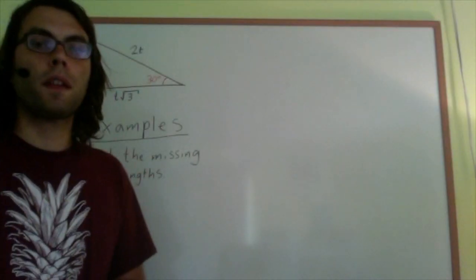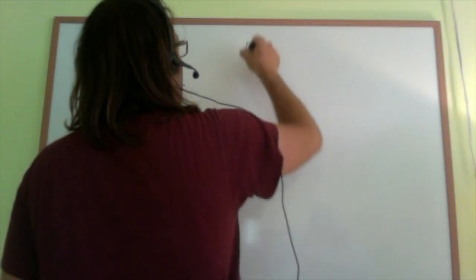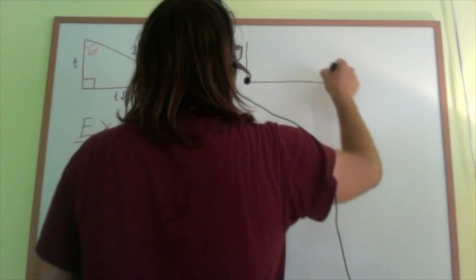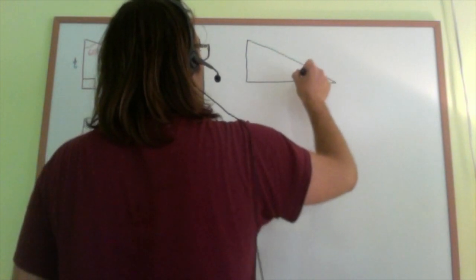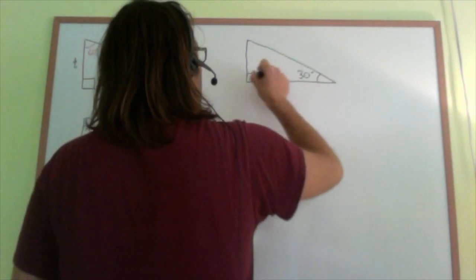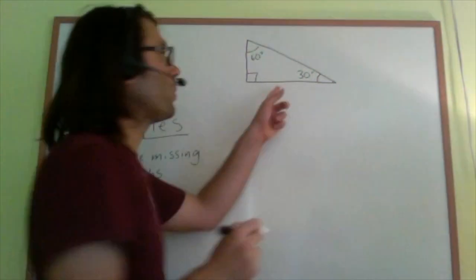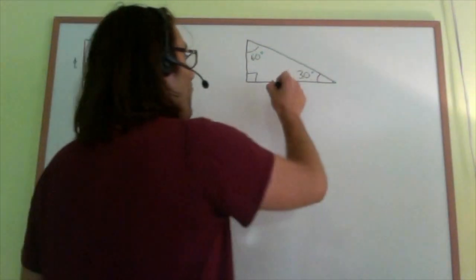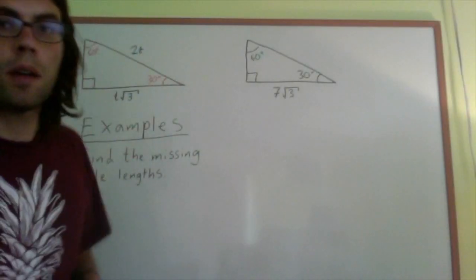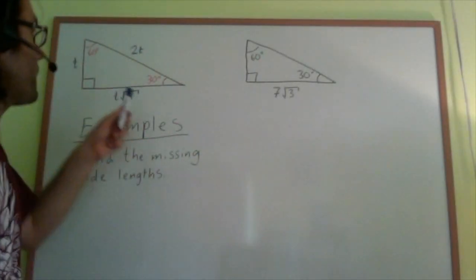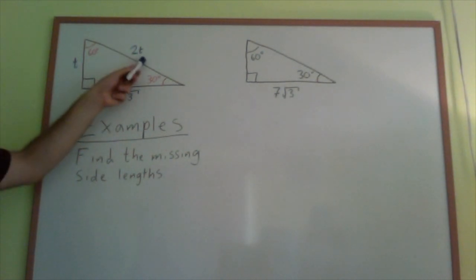Okay, all right, let's try another example. We have a 30, 60, 90 special right triangle. We'll suppose this is 30 degrees. This is 60 degrees. And we'll suppose this is 7 root 3. All right, well, we know because of our relationship here that if this is t, this is t root 3, and this is 2t.